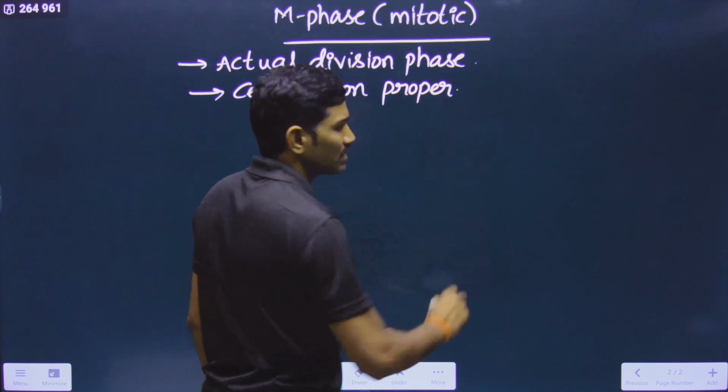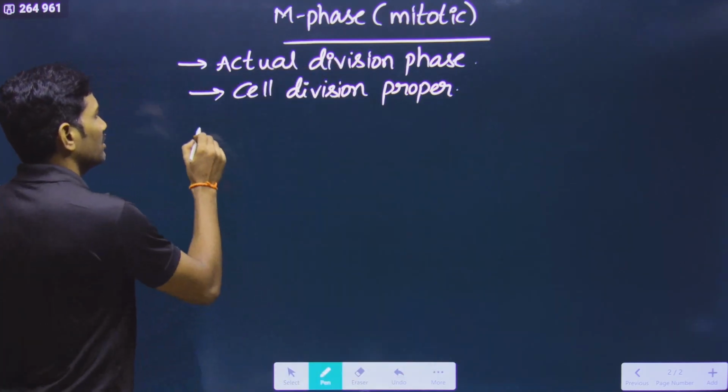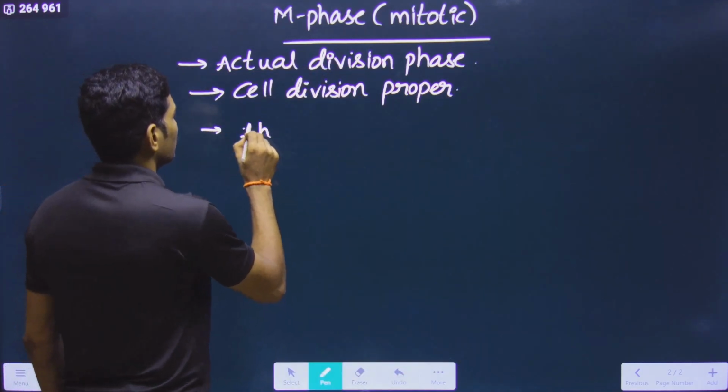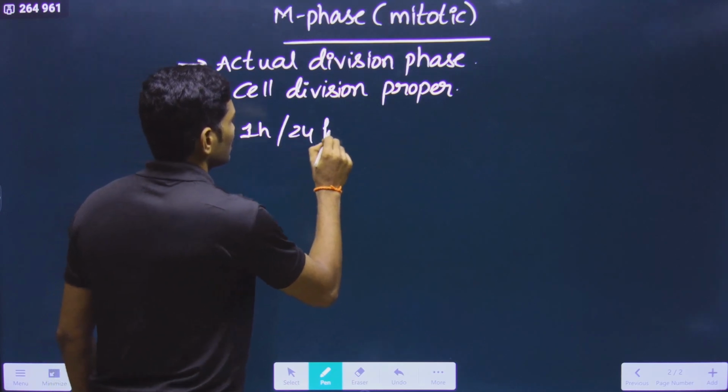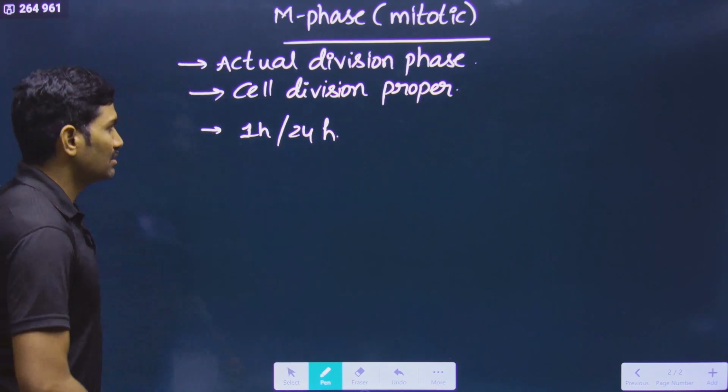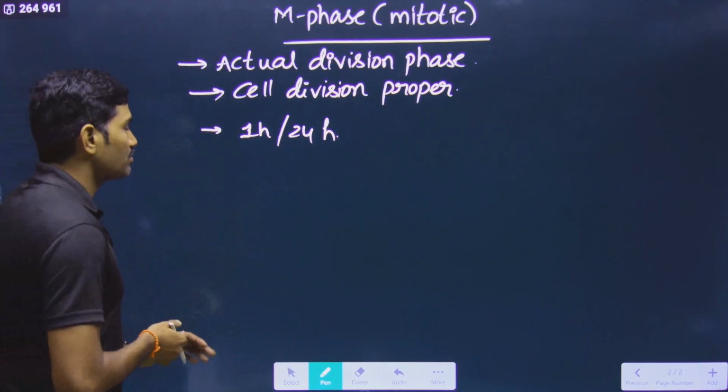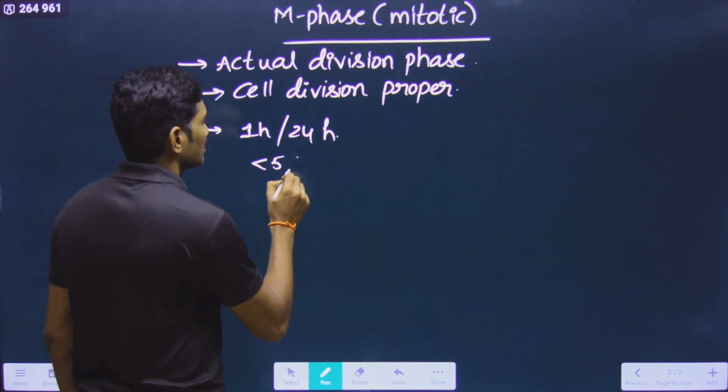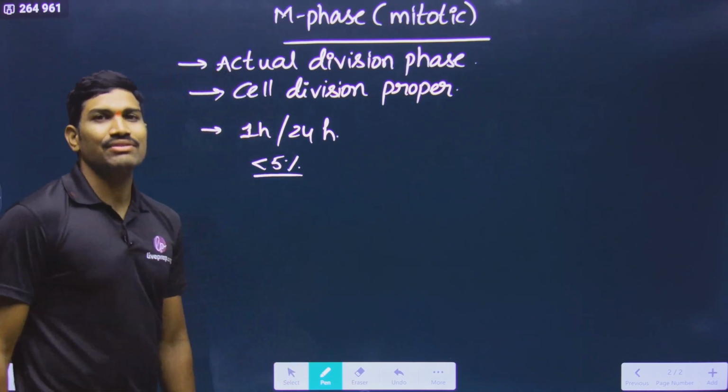Regarding the timing, it takes just 1 hour out of 24 hours in the case of a human cell. With respect to percentage, it takes less than 5% of the duration.